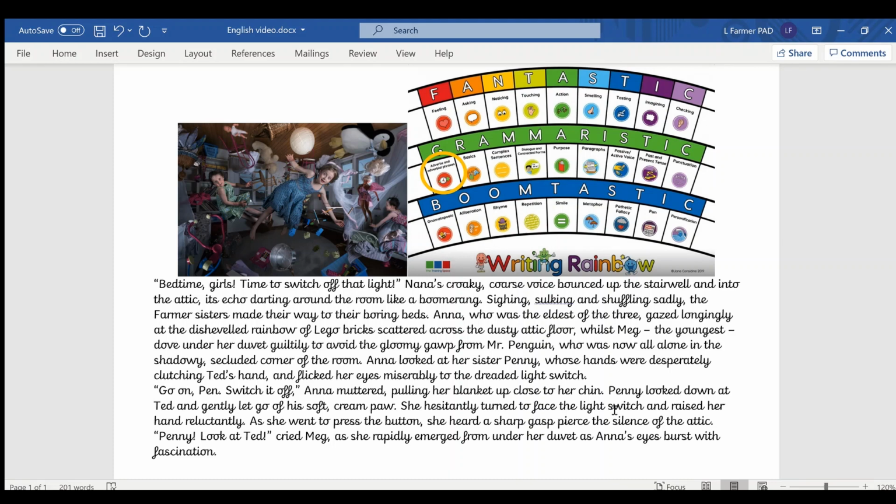And we're going to have Penny have a quick look at where on earth it is Meg's talking about. So she's going to be looking at Ted. Well, she dropped Ted on the floor.